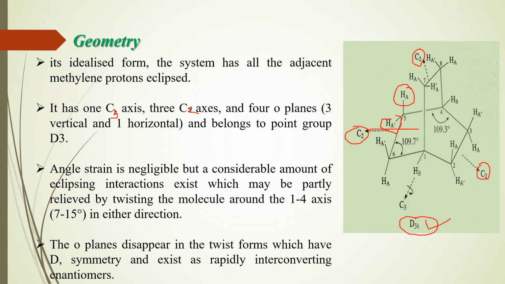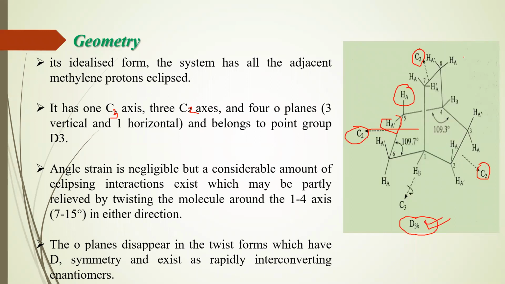Then one of these is horizontal, and they belong to the D3h point group. The angle strain is negligible, because a considerable amount of eclipse interaction exists, maybe twisting of the molecule around the 1,4 axis by 7 to 15 degrees in either direction.